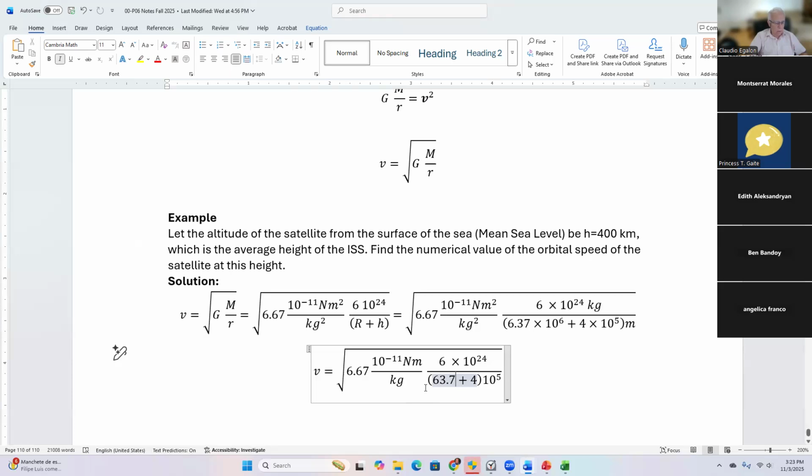So this 10 to the 5th disappears, and here becomes 67.7. I just want to make sure that the units are correct. Now I'm going to multiply this one by this other one.